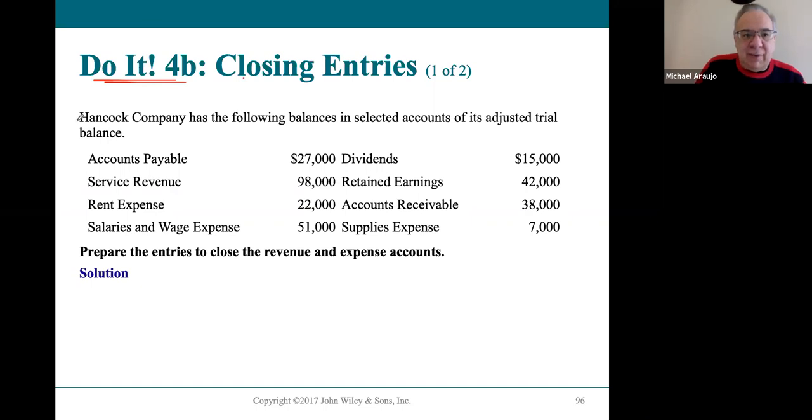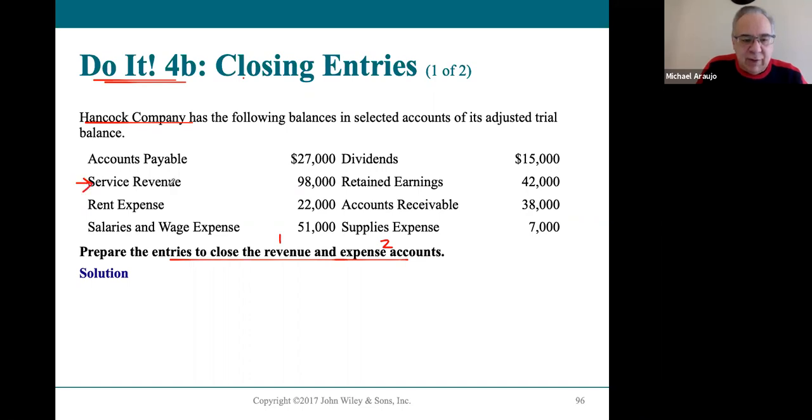So here we have Hancock Company, and they have a bunch of balances here from their adjusted trial balance. Now, it gives you a whole list of things. The first thing we need to do here, it says, prepare the entries to close the revenue, which is the very first thing that we do. Expense accounts is the second thing that we do. So your first thing is to identify the revenue account.